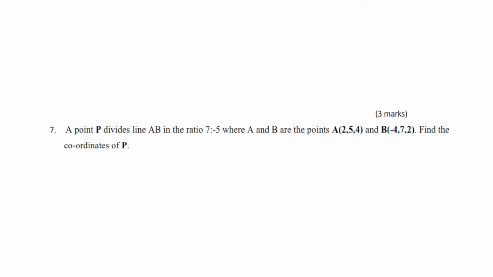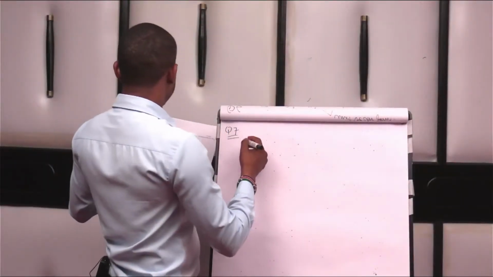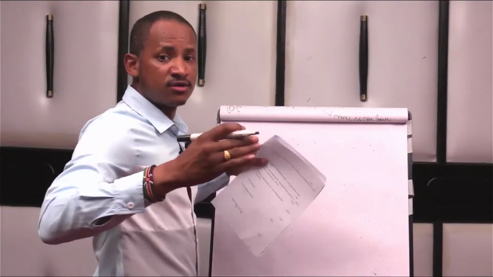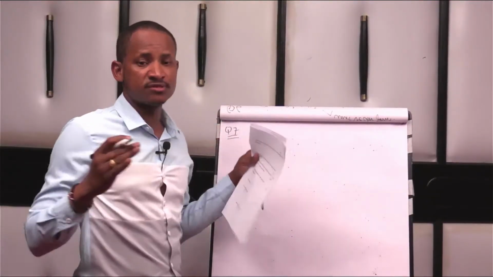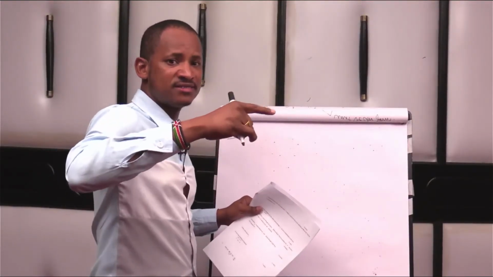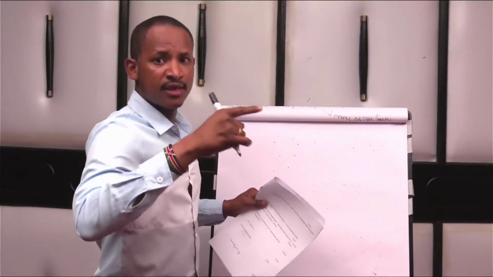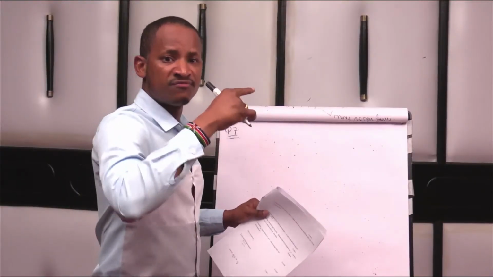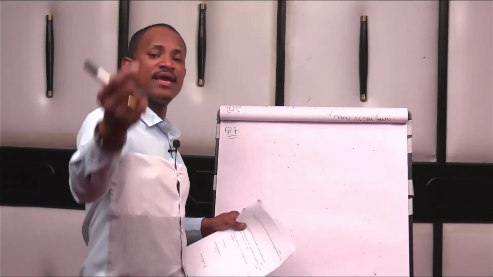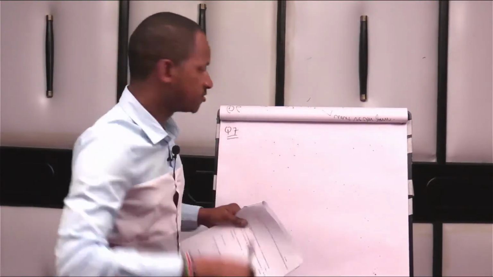Find the coordinates of P. This is external division of a line. We have two types of division of a line. There's an external division of a line, where the ratio has a negative, and there's an internal division of a line where there is no negative.